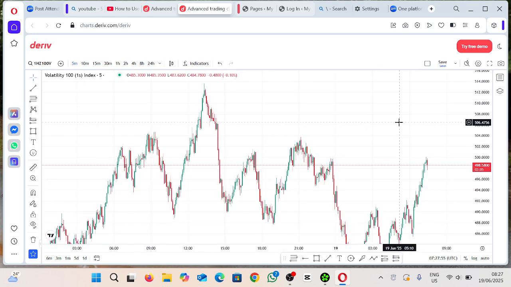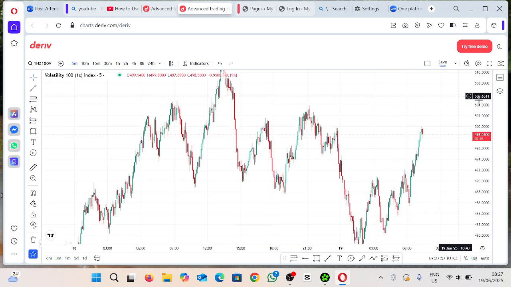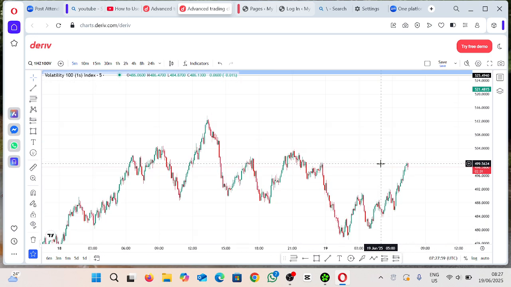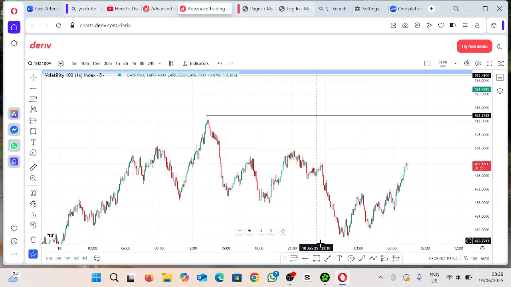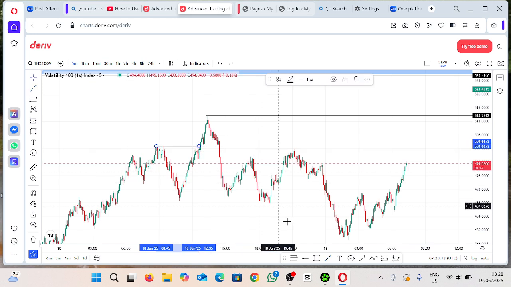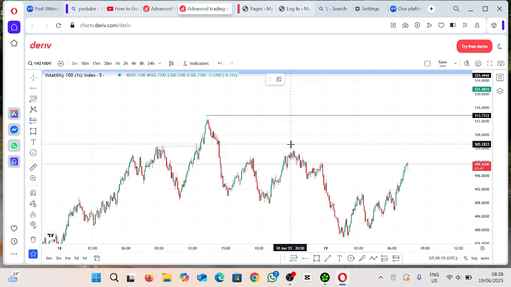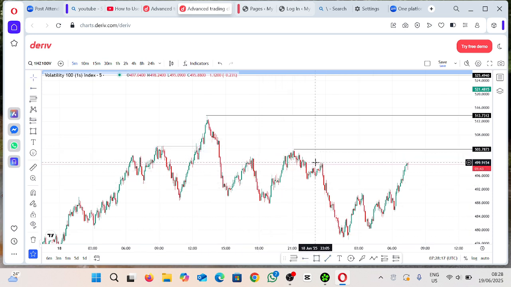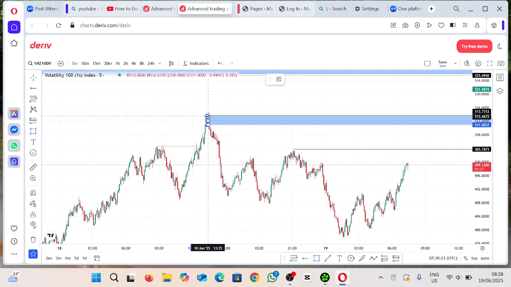And you can see we have another markup here. We have another setup at this point. We have our protected high here. We have our sweep of liquidity. We have our structural liquidity, and we have our supply here.